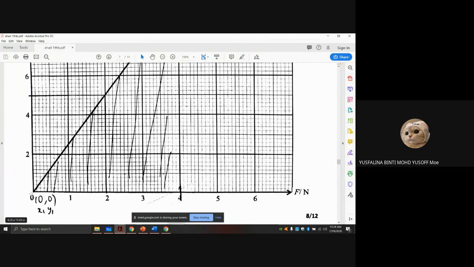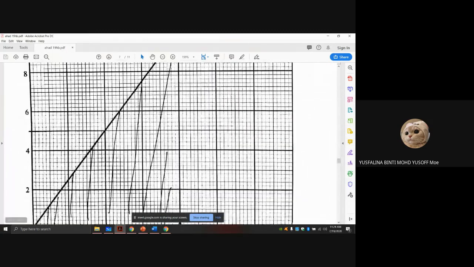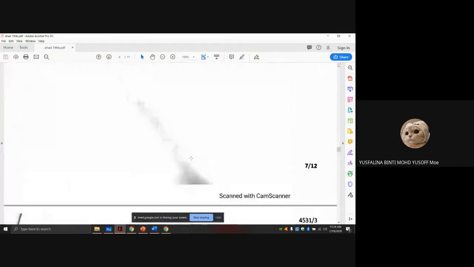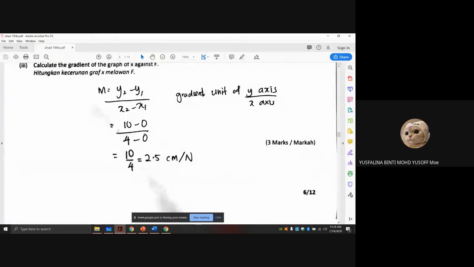So this one is 0, 0, and I take 4 and 10 here. So make sure you label the coordinates. Then after that, make a triangle. Then after that, substitute in the formula. Then you calculate, and you get 2.5. So the second mark comes from here.